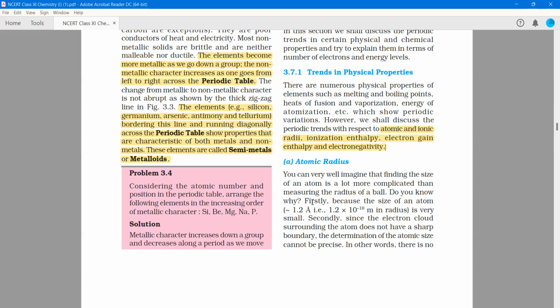The covalent radius, the ionic radius? Firstly, the size of the atom is very, very small. Secondly, the electron cloud surrounding the atom does not have a sharp boundary. So there is no such sharp boundary present in the atom, and that is why it's very difficult. Therefore, there are 2-3 types of radius that you need to study when you're dealing with atoms.